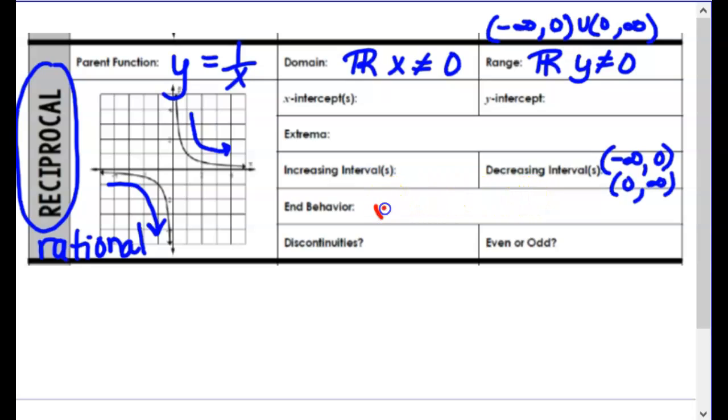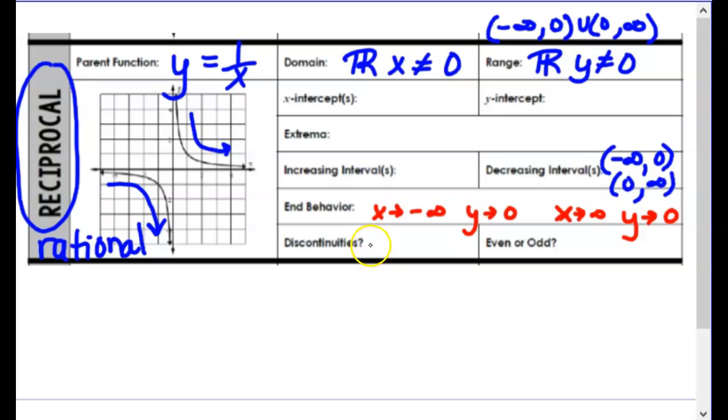As you go further to the left, what is this approaching, guys? As I get further to the left, it is approaching 0. And the same thing is happening on the right as I go further and further to the right. That's supposed to be an X, sorry, that's funky. The Y value is also getting closer and closer to 0.